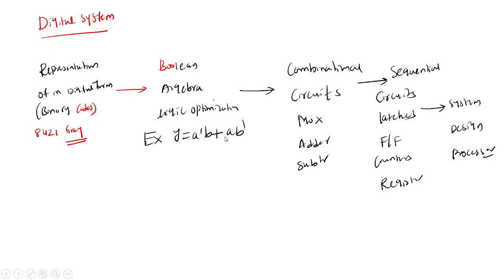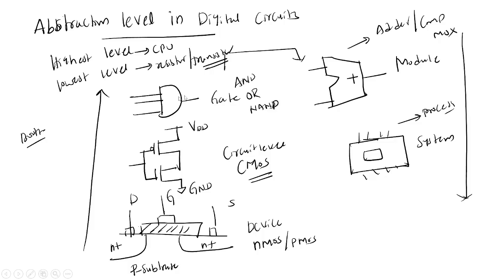And we studied Boolean algebra and logic optimization, realizing logic expressions using only NAND gates and NOR gates. Next combinational circuits like adder, subtractor, sequential circuits like flip-flops, counters and registers, and system design.